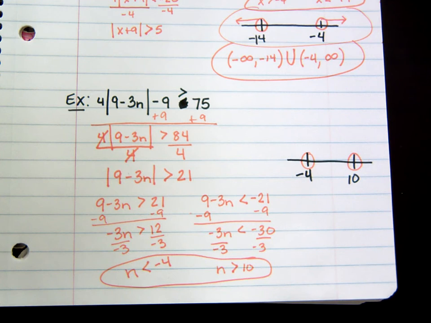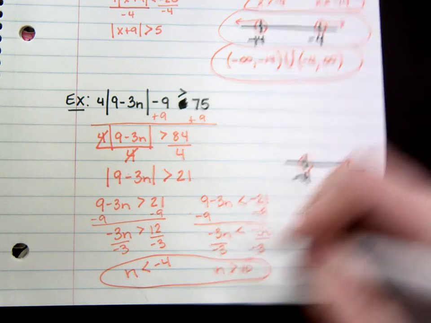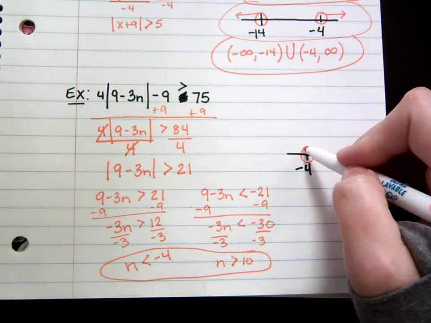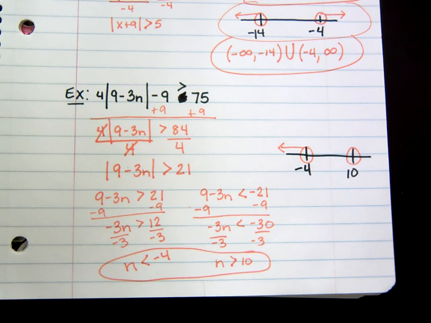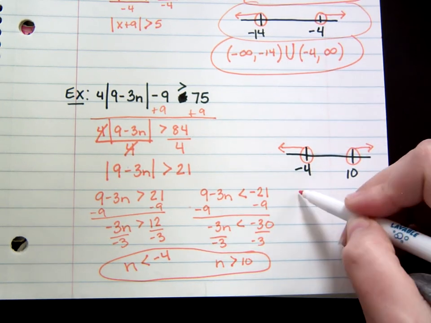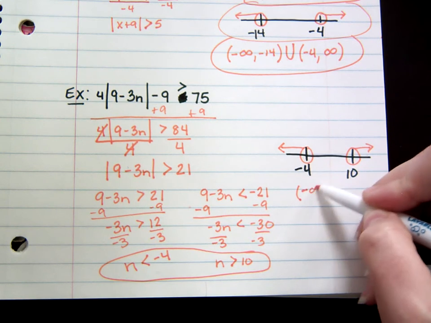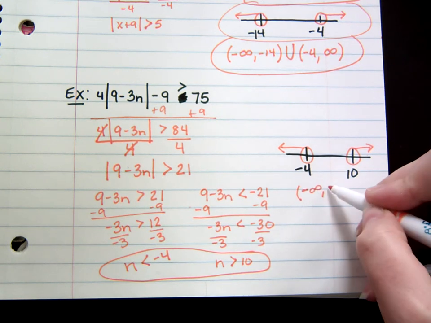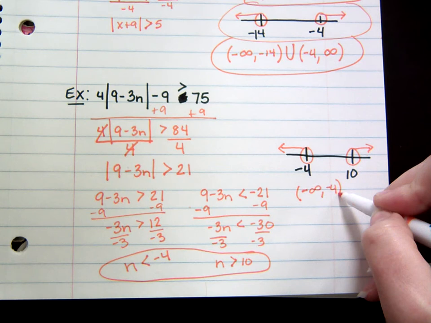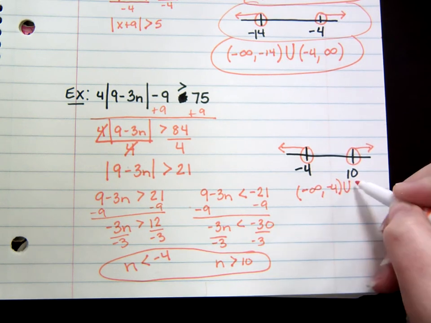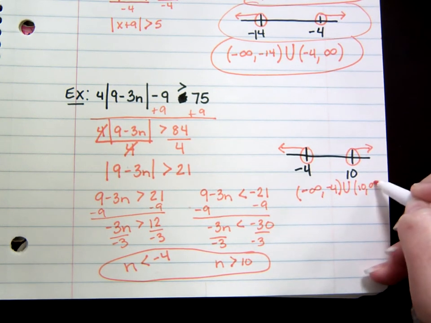Okay. It's less than -4, so that one goes left. Greater than 10, that one goes right. So, parentheses, negative infinity, comma, -4, close parentheses, or parentheses 10, comma, infinity, close with parentheses.